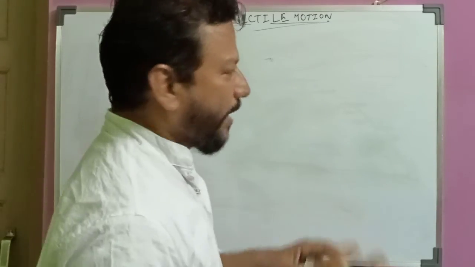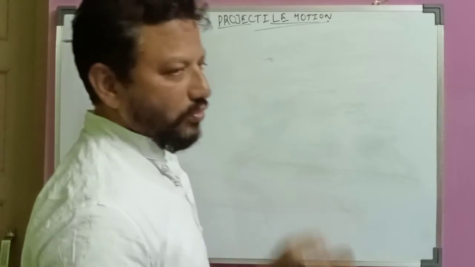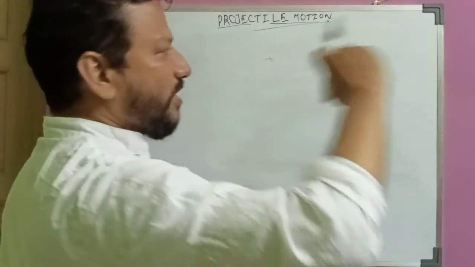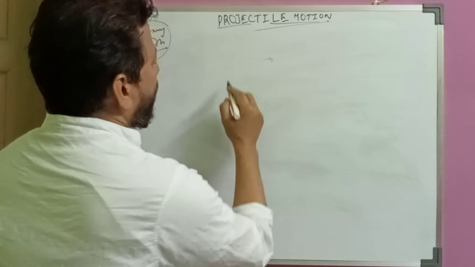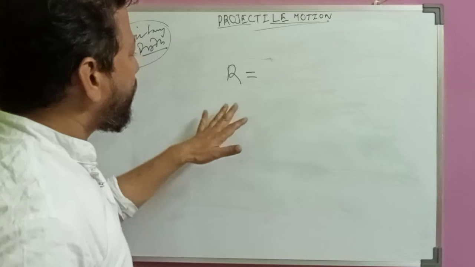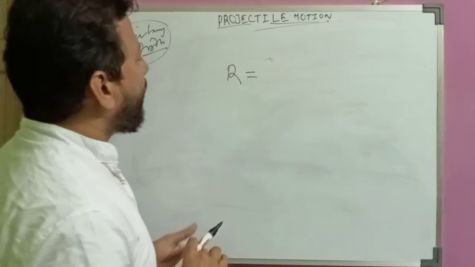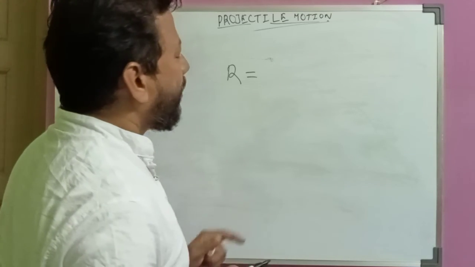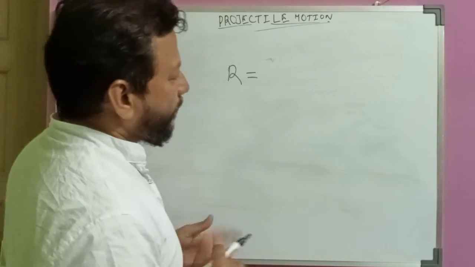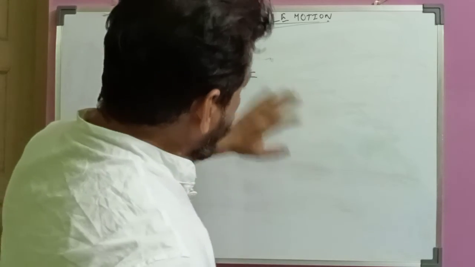In the case of a fire, a rocket or a stone, there should be a range. The maximum distance traversed is called the range. The range will be a similar thing to what we did in rectilinear motion.